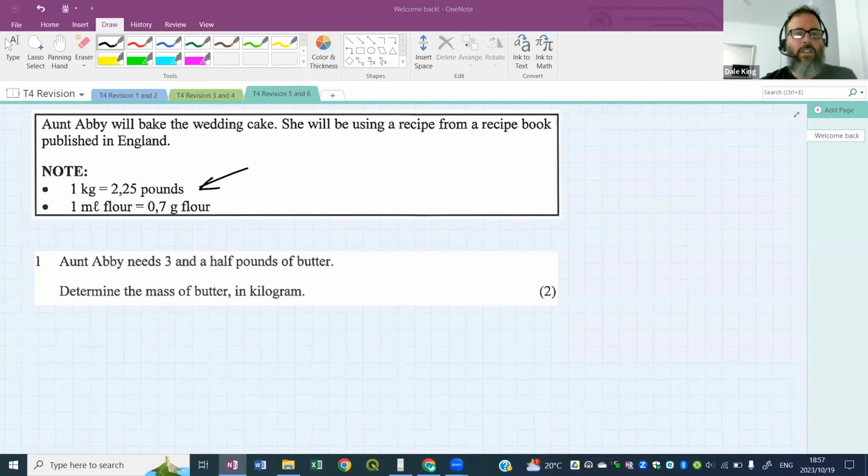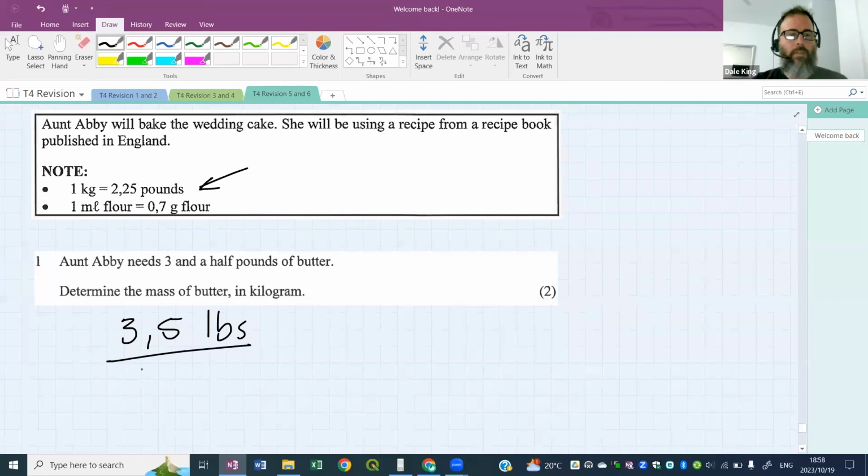All right, let's check. This is how I would do it, right? So 3.5 pounds looks like this, 3.5 lbs. All right, these are the units. We know that every 2.25 out of that 3.5 is 1 kilogram. So how many 2.25s do I have? I want to cut this 3.5 up into 2.25 pieces because I know that every 2.25 is 1 kg. So if you want to cut it up, you must divide.